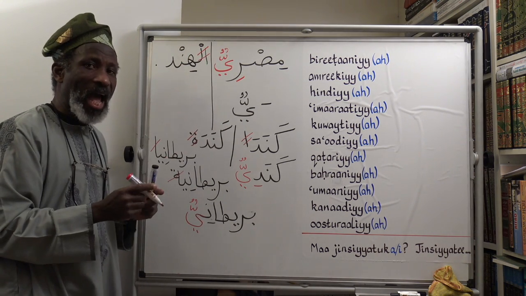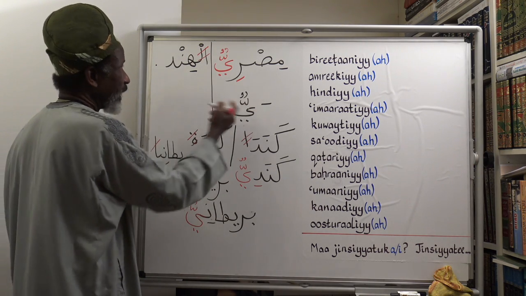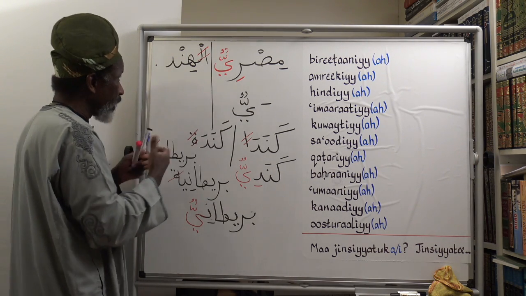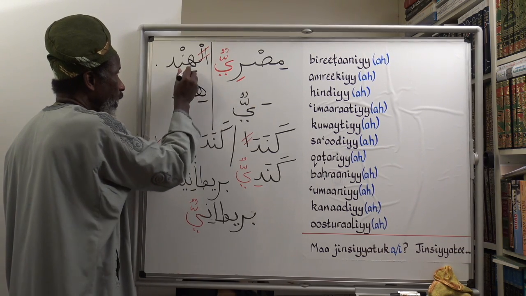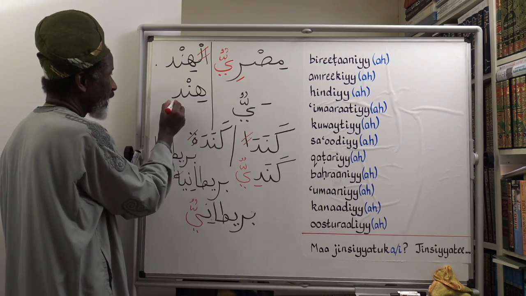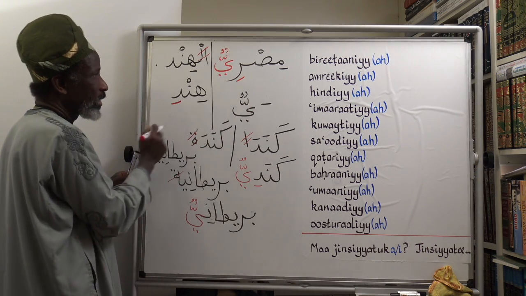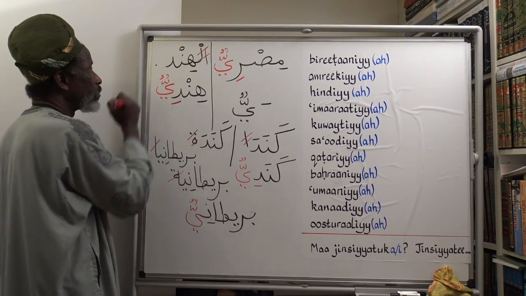Any name that has alif wa lam attached to it, you remove them. Then you do this exercise. So it becomes Hind. Then do this kasra, just as you did here, and then add this double ya with shadda.